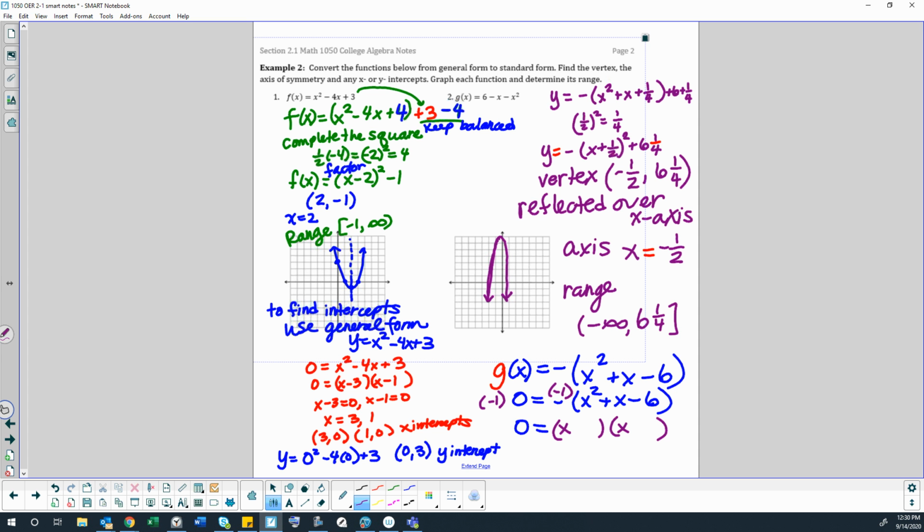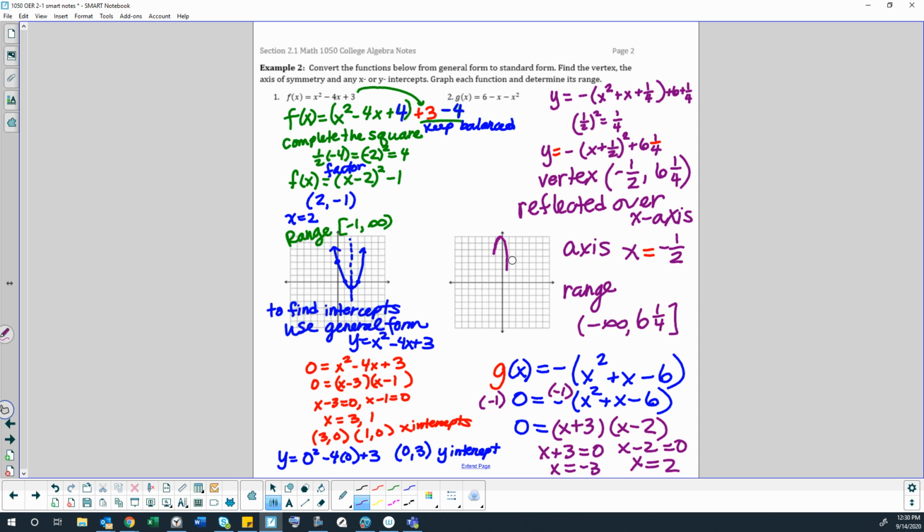We want that +1 in the middle. So we're going to do +3 and -2 because those numbers multiply to get -6 and they add up to 1x. So now we can take each of those factors, set it equal to 0.